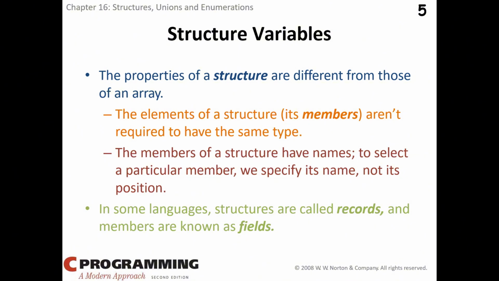This is different from arrays, where elements are accessed based on their position. In structures, we select a specific member by specifying its name rather than its position. It is also worth noting that in some programming languages, structures are referred to as records, and their members are known as fields. This naming convention may vary across different programming paradigms, however, the underlying principles remain the same.